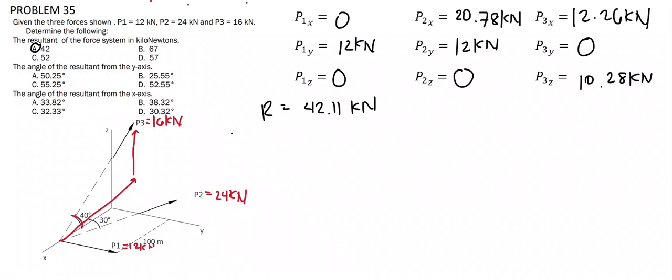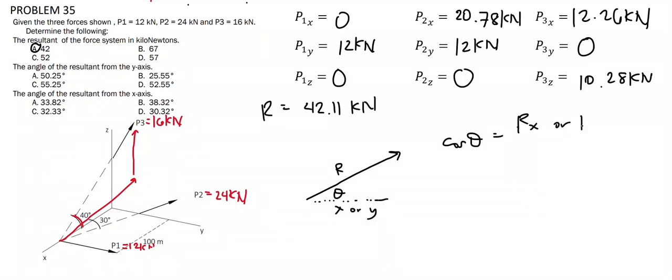Now that we have our resultant, we can solve for the angle of the resultant from the x and y axis. If we have a resultant vector R, and this is the coordinate axis, x or y, we can solve for the angle between the resultant and the axis by utilizing the cosine function. That is equal to the adjacent side, the component acting along x or y, divided by the resultant vector, which is the hypotenuse.